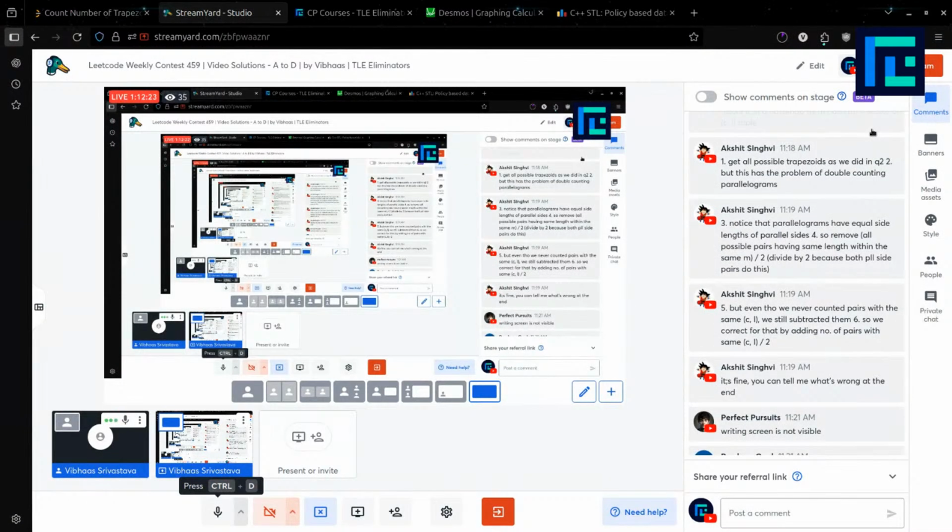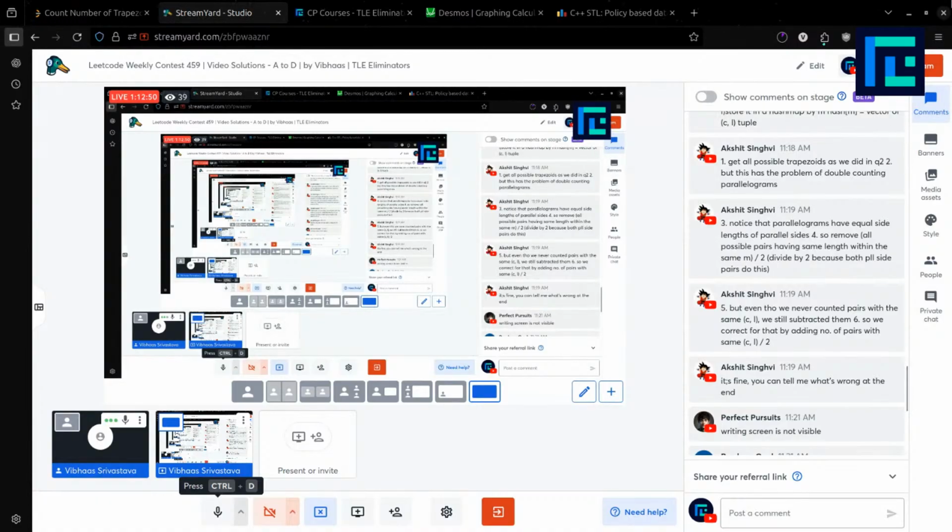So remove all possible pairs having the same length.